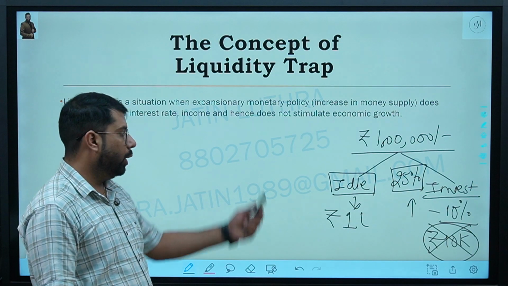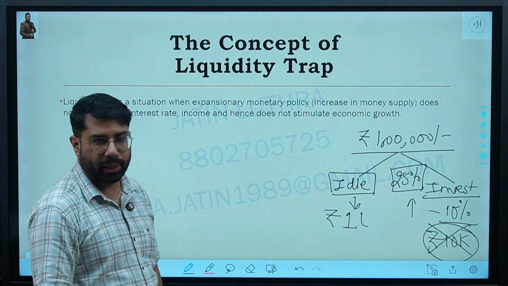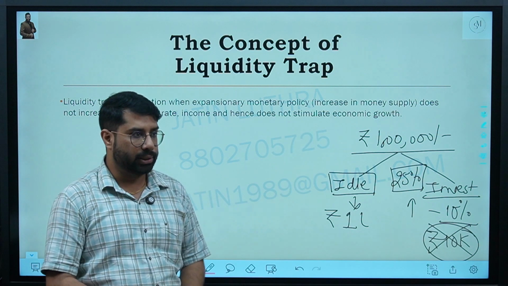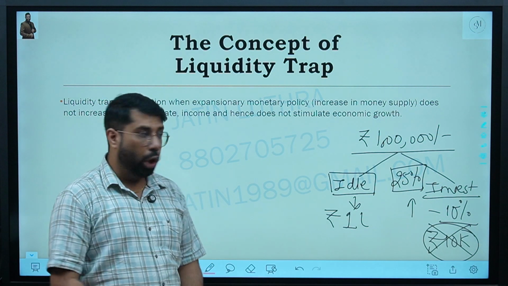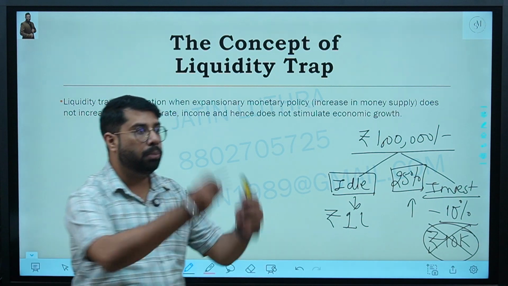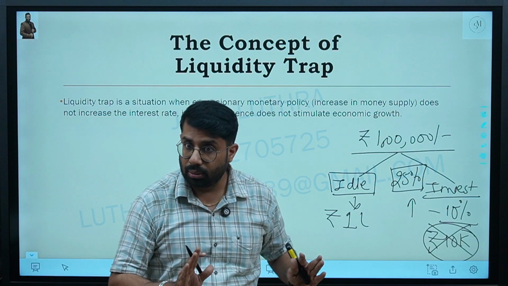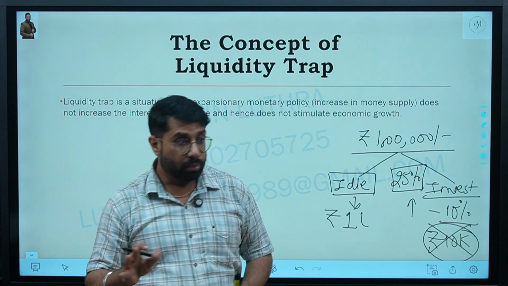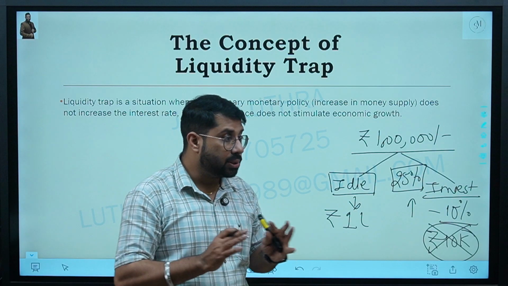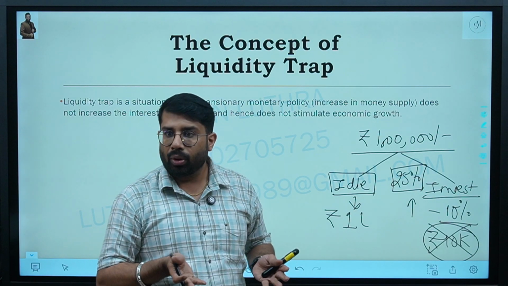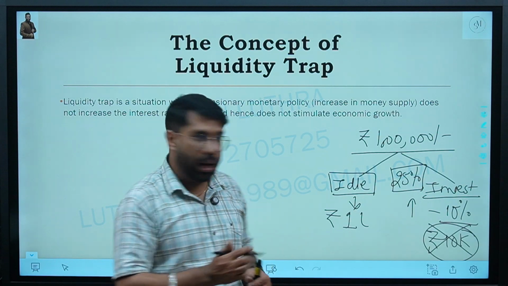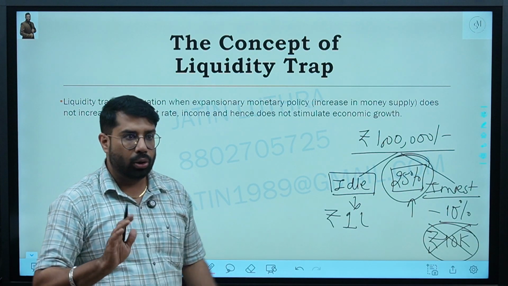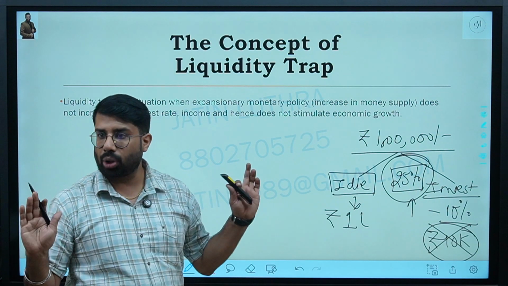What will I do? I will hold my money or I will invest my money? Invest. Reason being, because my opportunity cost is increasing. Clear? Although you are giving your money to the market, it is a risk. But you know that the risk is worth taking. Why? Because you are taking the risk and you are getting a reward also. Yes or no? Do we understand this thing? People, yes or no? Yes.